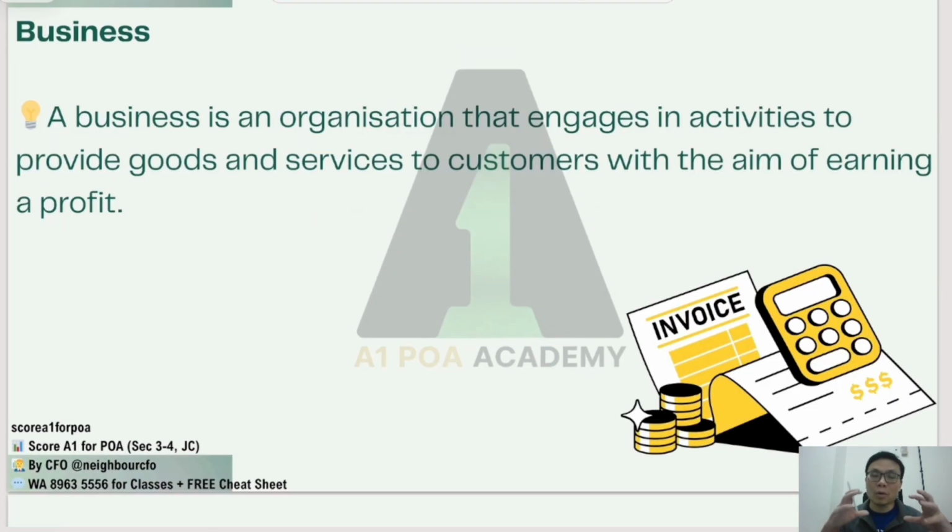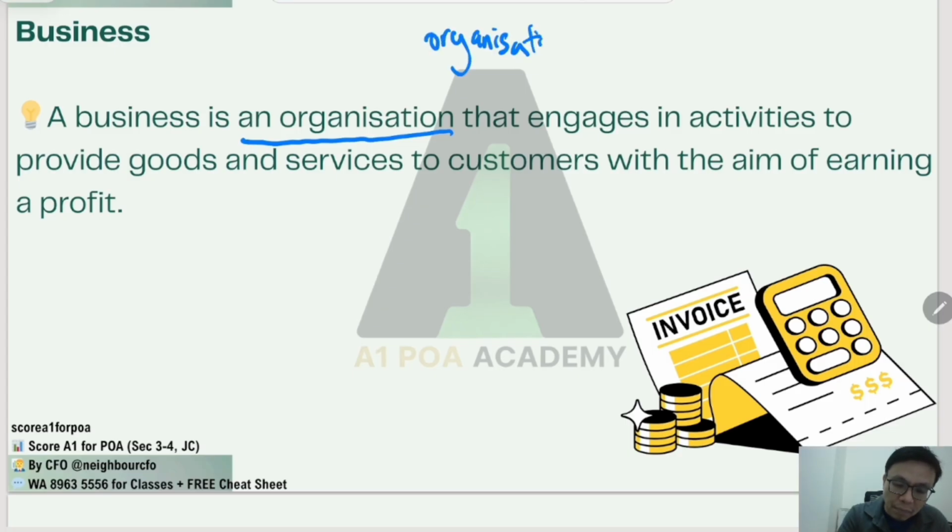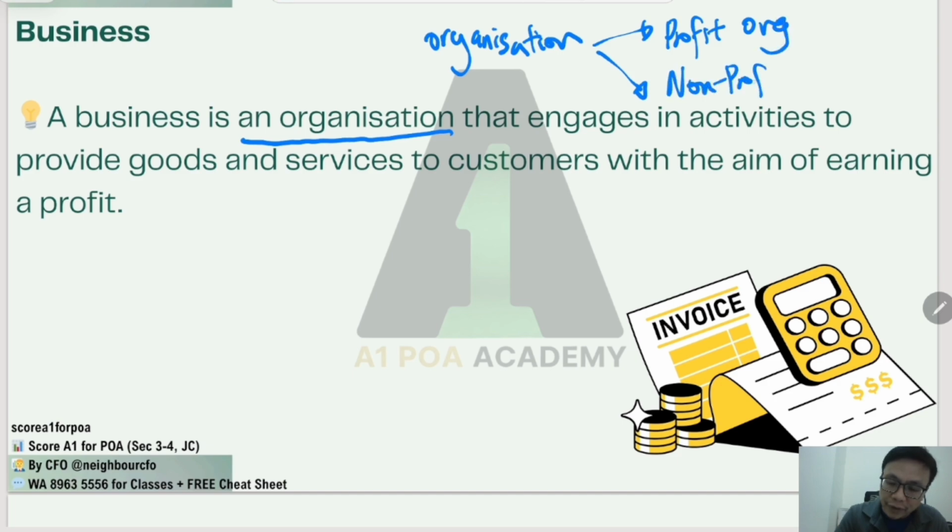Business. Let us now compartmentalize this definition. A business is an organization. So we understand that a business is an organization. Now typically for organizations, there are primarily 2 types: we have the profit organization, and we also have the non-profit organization.